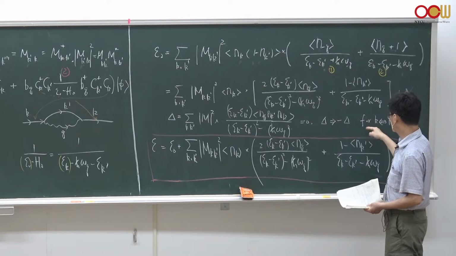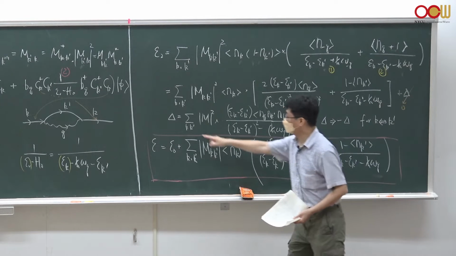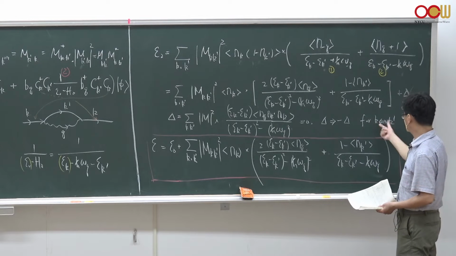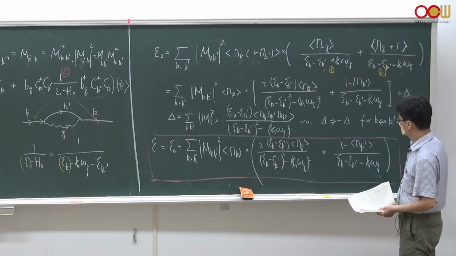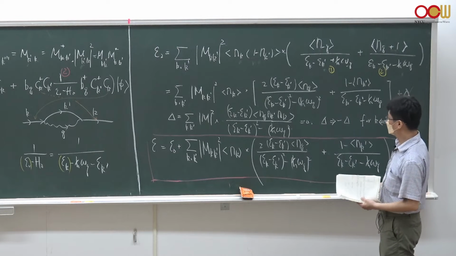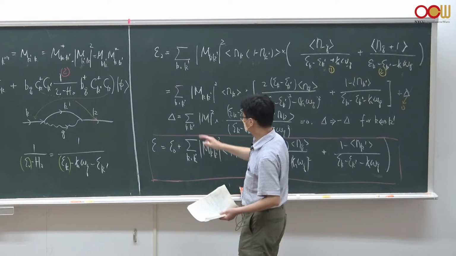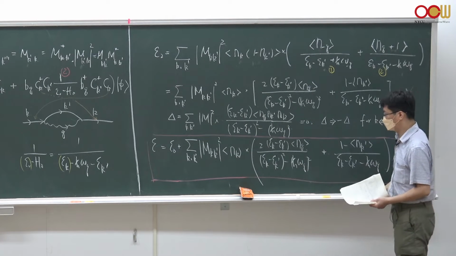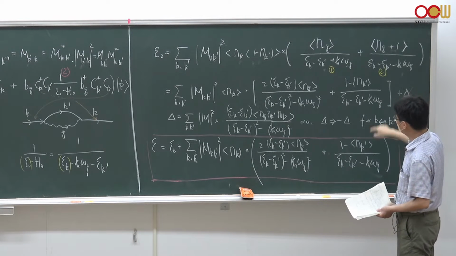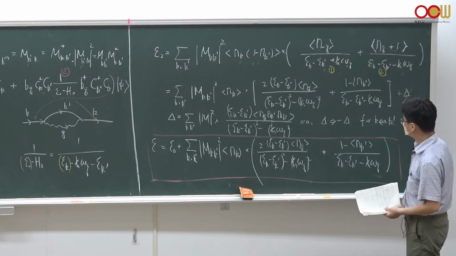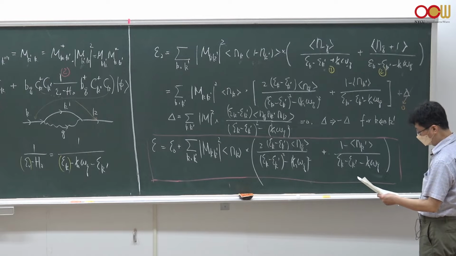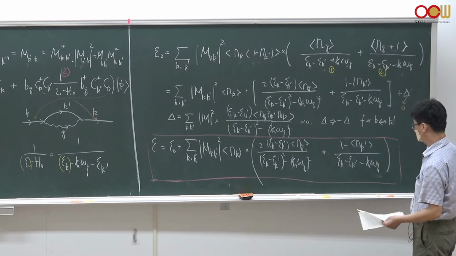When you interchange k and k prime, where both are momentum indices to be summed over, you can show that delta goes to minus delta, and therefore, when you sum over both k and k prime, this delta vanishes. So you add a delta which is 0 and subtract the same amount, and you can get this final expression here. We will comment on these two terms in just a moment.